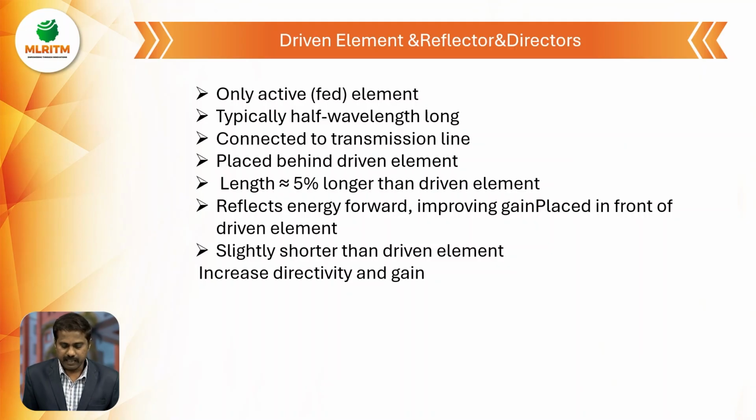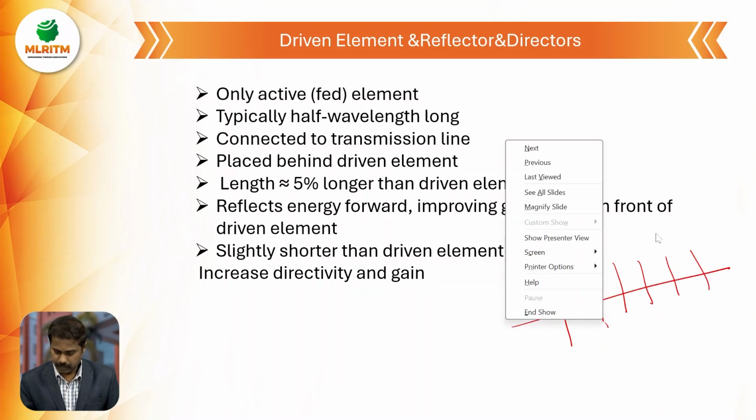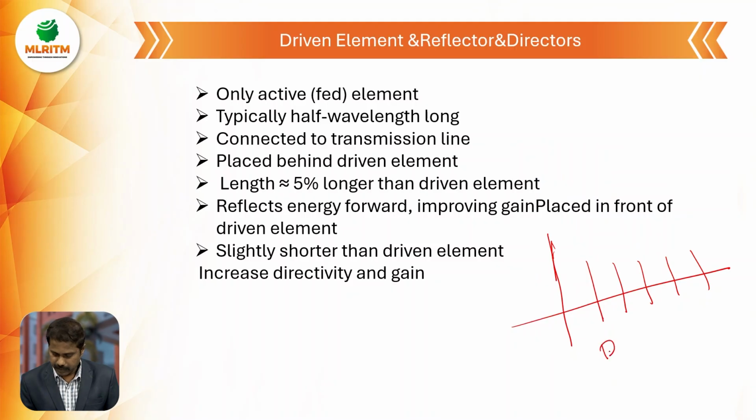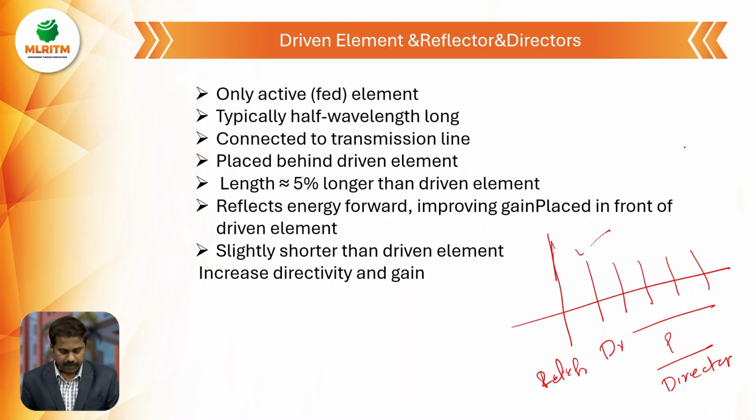The next one is the reflector. This is placed behind the driven element. The Yagi-Uda antenna has one driven element, one reflector, and all the others are parasitic elements, which are also called directors. The reflector is placed behind the driven element, about 5% longer than the driven element.